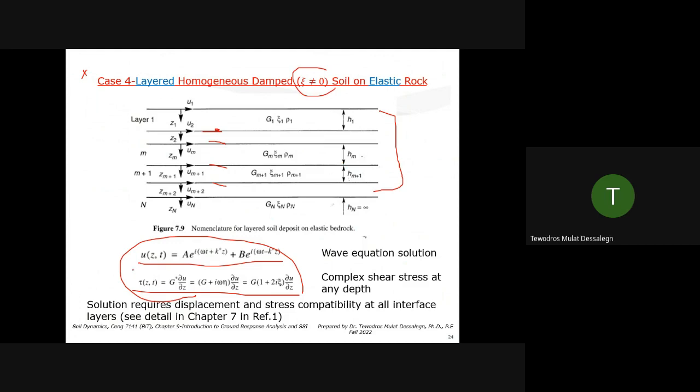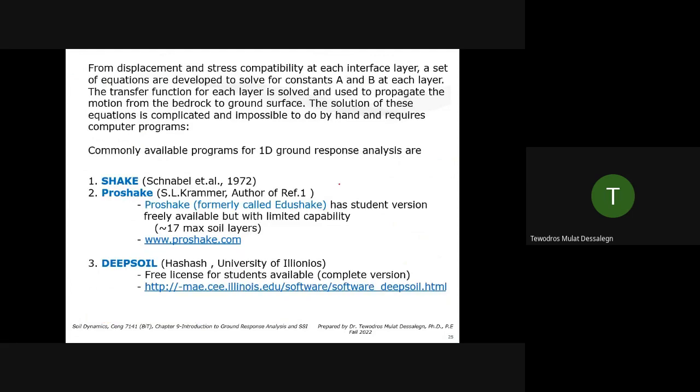So the wave equations for shear stress and displacement compatibility: the solution requires displacement and stress compatibility at all interface layers. See detail in chapter 7 in reference 1, the Kramer book. From displacement and stress compatibility at each interface layer, a set of equations is developed to solve for constants A and B at each layer.